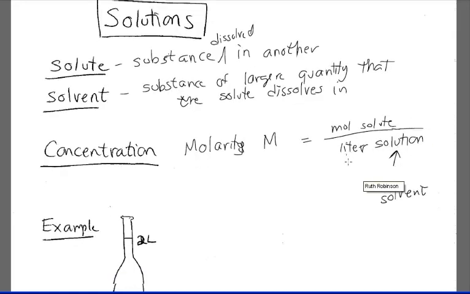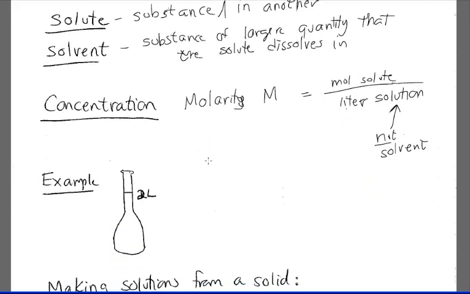Okay, what difference does it make? Well, let's look at an example. Let's say we have a 2-liter container with a line at 2 liters, and we take 2.5 moles of sugar, and we put them in the flask.